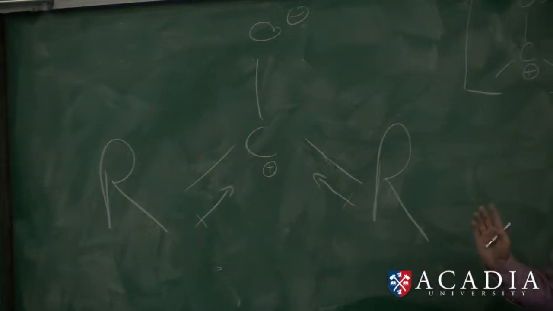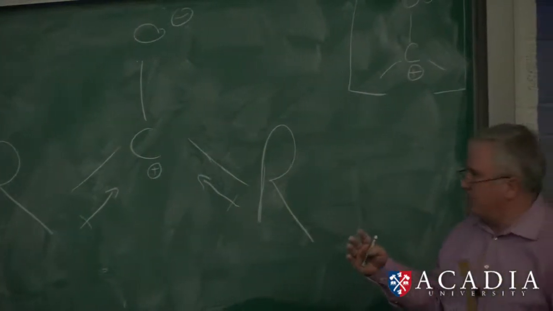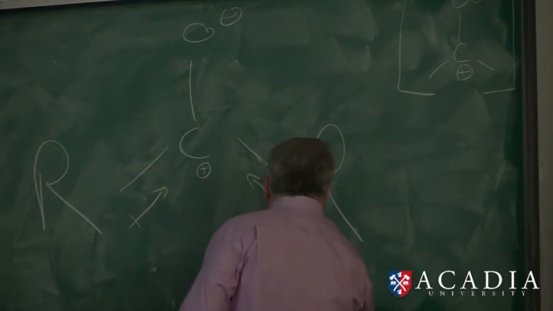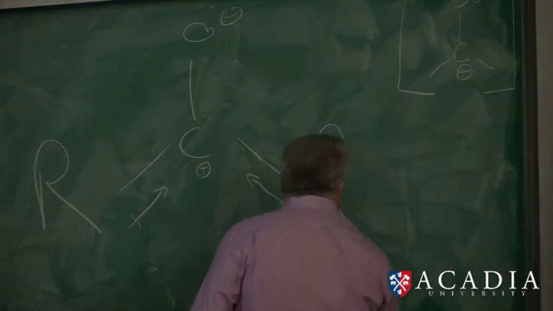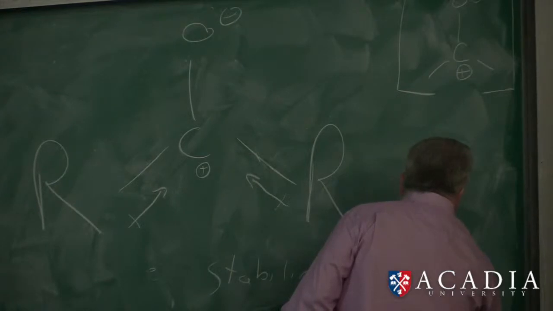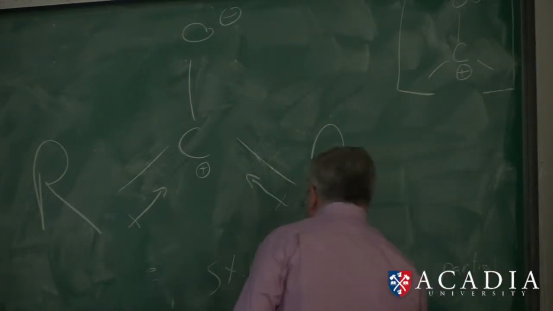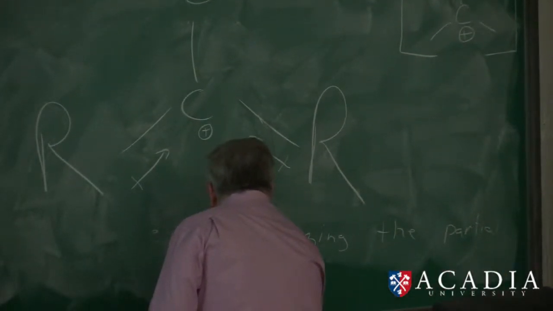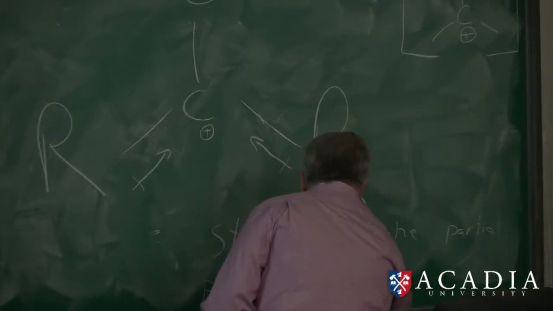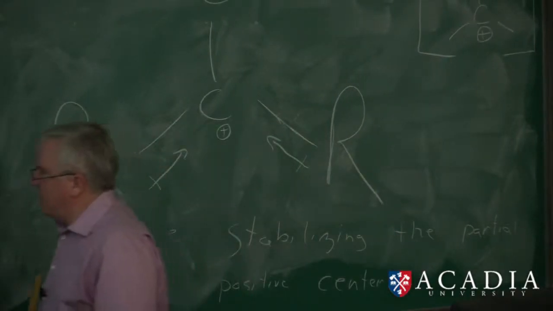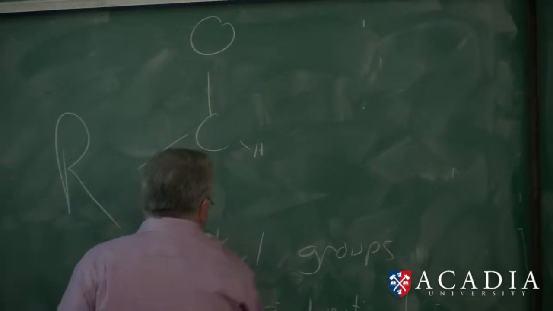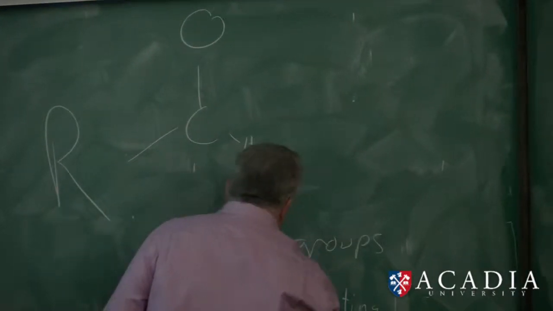Both alkyl groups are pushing electron density towards that positive charge and stabilizing the partial positive center.